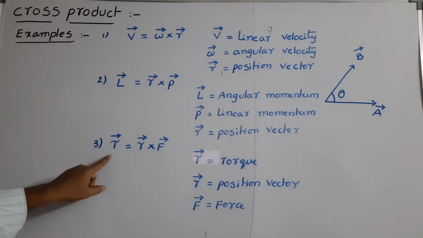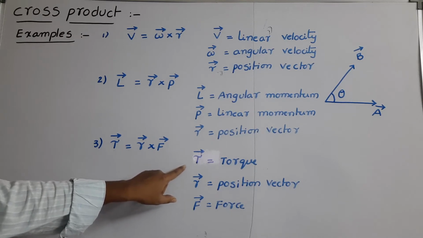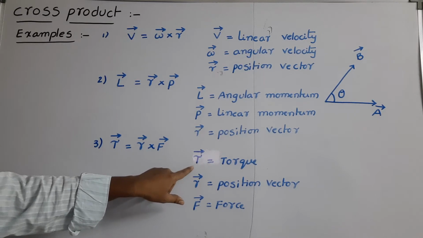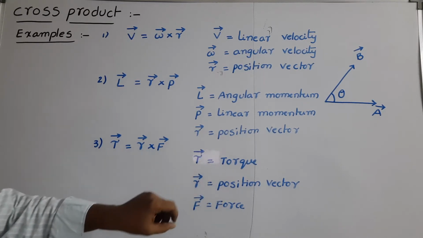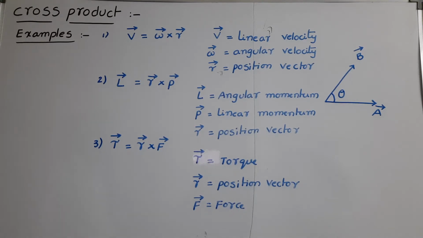Third one, torque tau is equal to r bar cross F bar, where this symbol is tau, and tau is torque, r bar is the position vector, and F bar is a force vector.